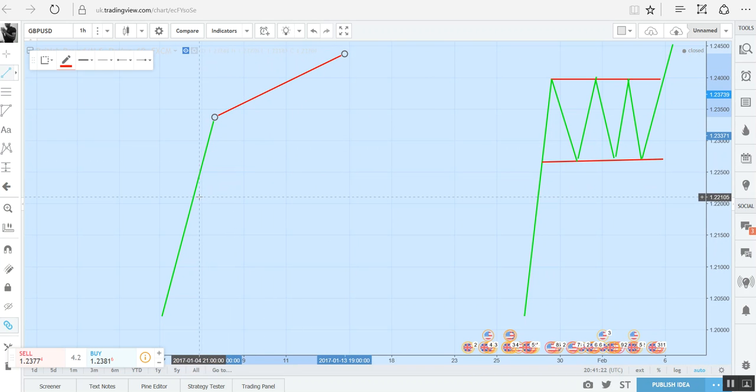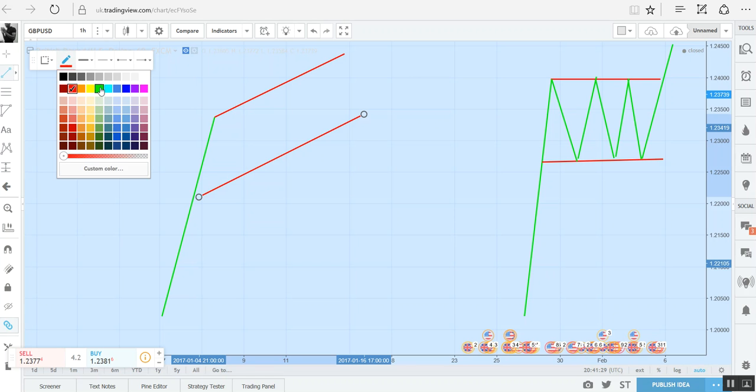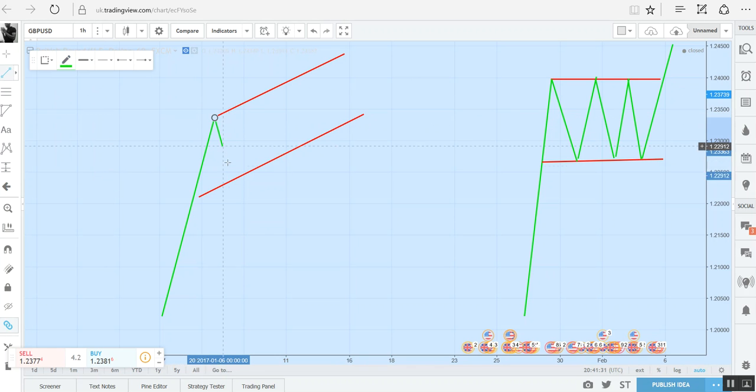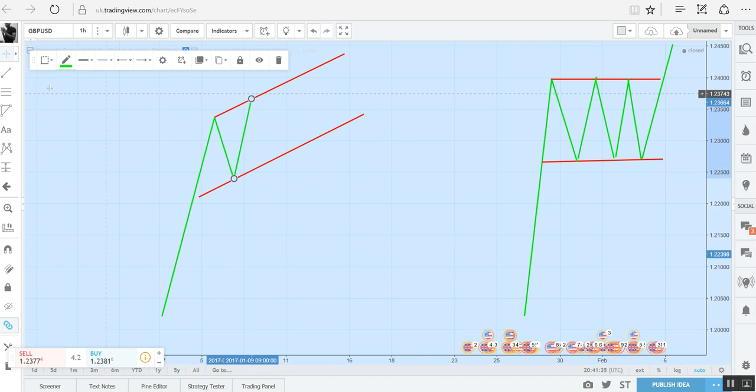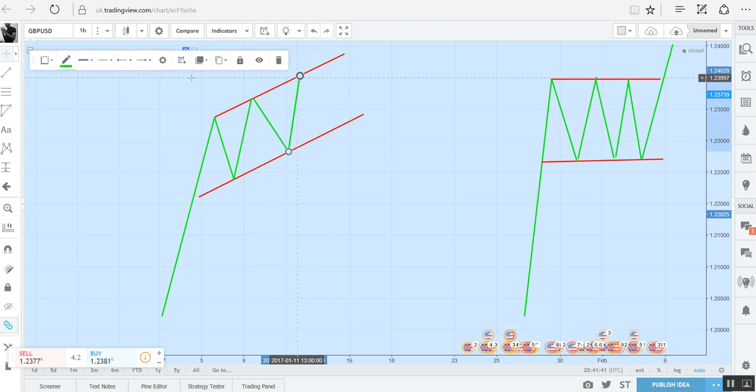So the market can do something like this, and then consolidates here, here, here. If the market does that, then there is a high probability that the market is going to eventually break to the downside.